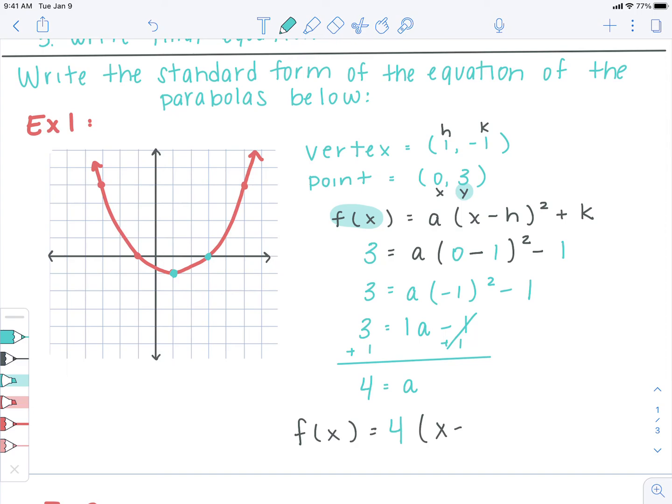So my h is 1, squared, minus 1. My final equation should only have your h value, your k value, and your a value in it. So that extra point that we picked out is just to help you solve for a. You don't need it in your final equation.